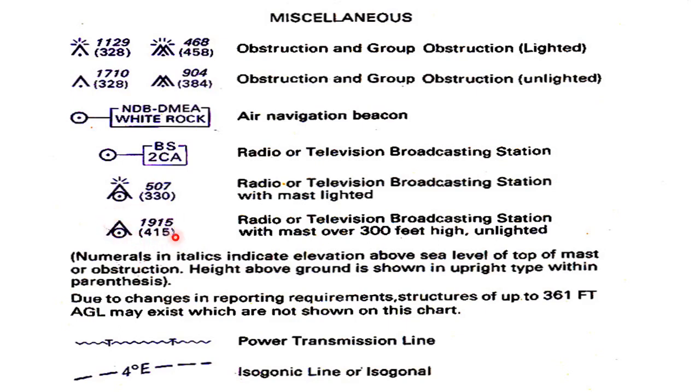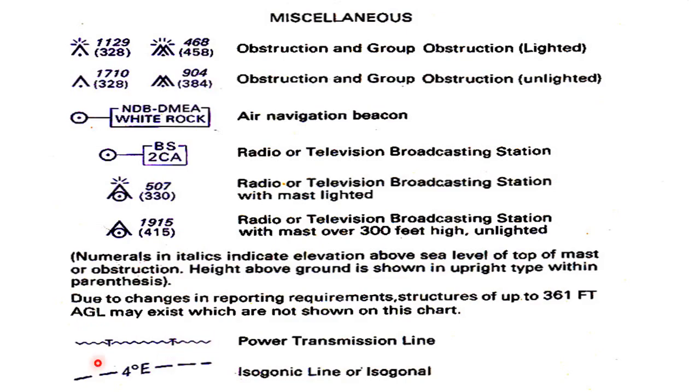I'm not going to go into details of why that's important, but here it tells you the numerals in italics indicate elevation above sea level. The height above ground is shown in upright type within the parentheses. So 507 is the elevation of the top of that mast above sea level, and the actual height of the mast from the foot to the top is 330 feet.